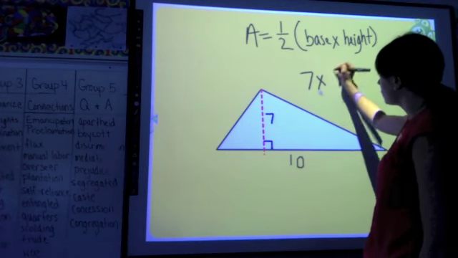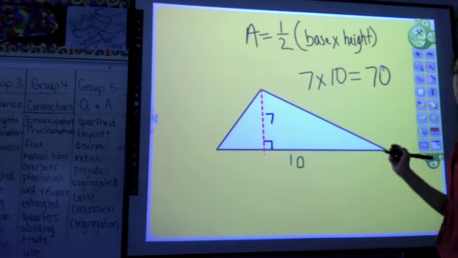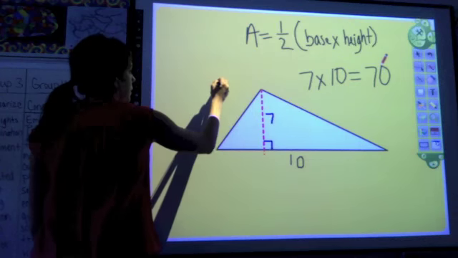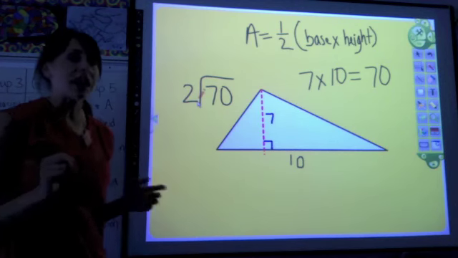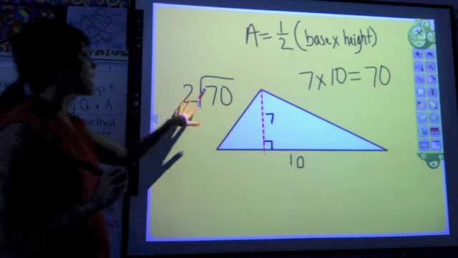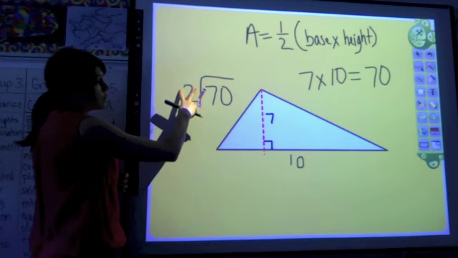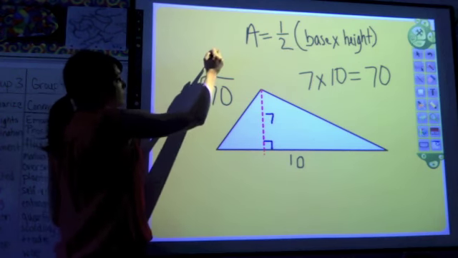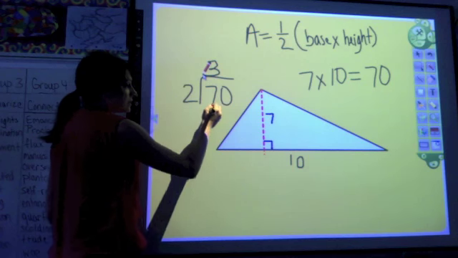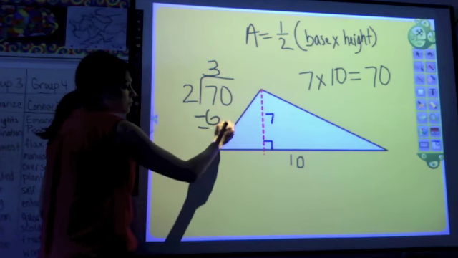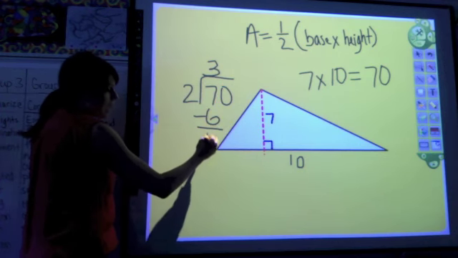So I'm going to take 7 times 10 equals 70, and then I'm going to divide 70 by 2. Some of you may not be able to do this in your head, so you can go ahead and write out your division problem, and we can divide starting with the 2. We know that 2 will go into 7 3 times, and since 3 times 2 is 6, I write that below and subtract. 7 minus 6 is 1.